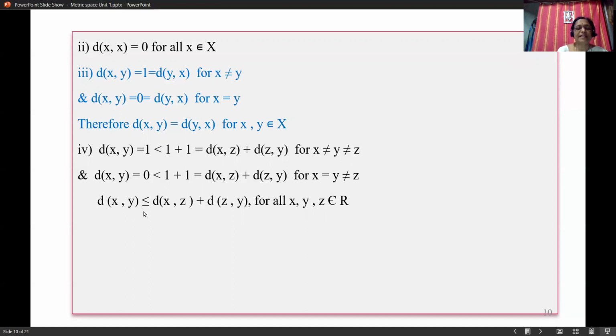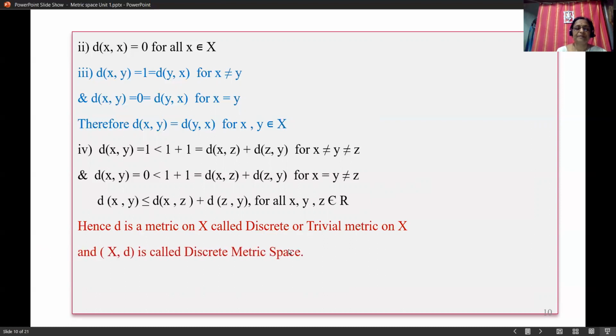Hence, d of xy is less than or equal to d of xz plus d of zy for x, y, z belonging to X. Hence, d satisfies all the four conditions, and therefore it is a metric on X. And this metric is called the discrete or trivial metric. And the main set X along with its discrete metric is called a discrete metric space.